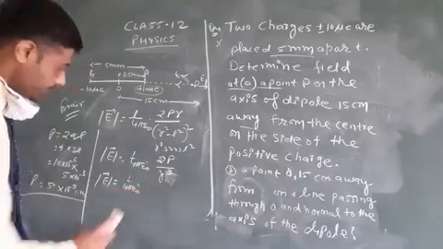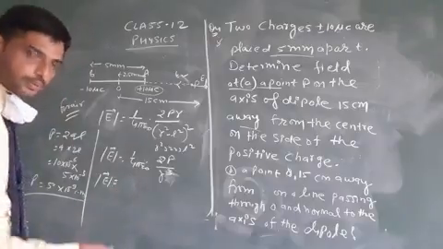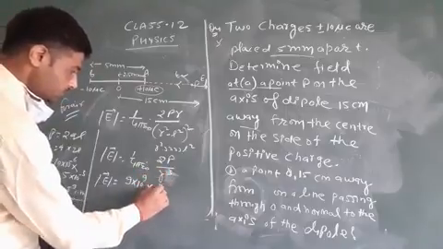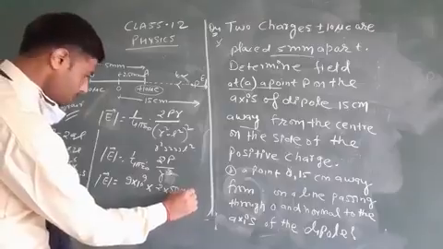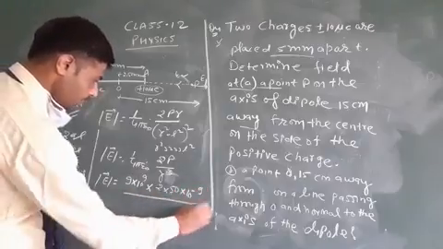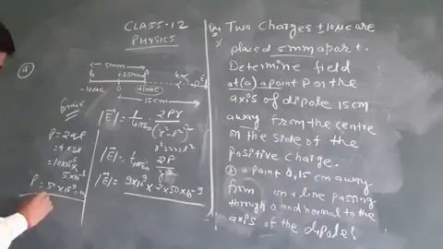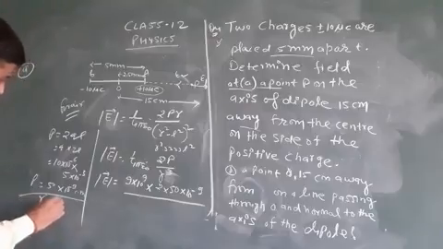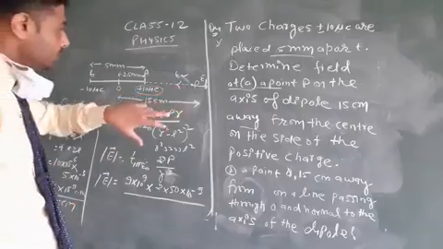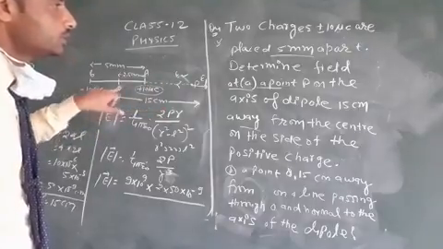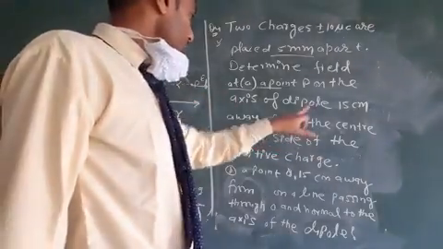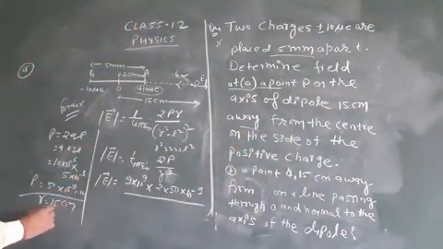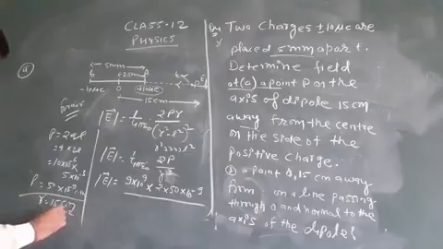So for the value of P, you can put the value 1 upon 4 pi epsilon naught, 9 into 10 to the power 9, and this is 2 into 50 into 10 to the power minus 9, and the value of R equal to 15 centimeter, because the distance of point P from the midpoint, this question is given 15 away from the center. So this is 15 into 10 to the power minus 2 meter.